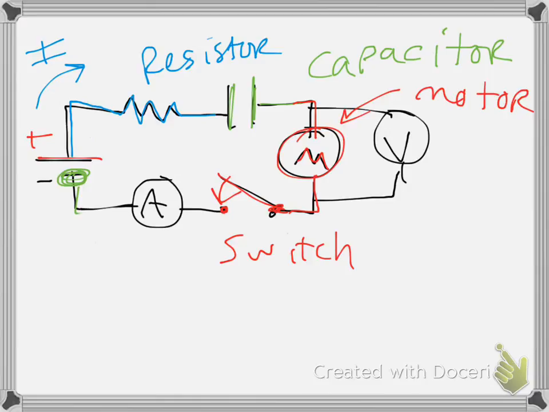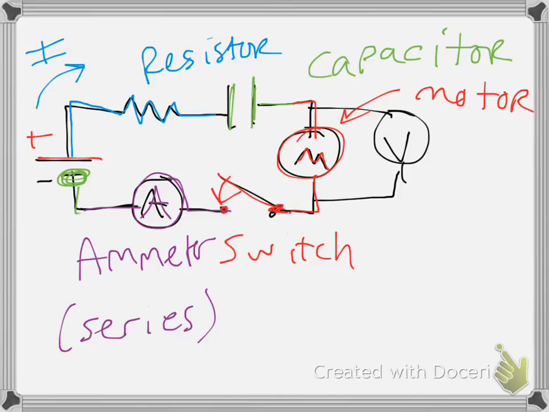And then we keep on going through this A, and that's called an ammeter. You'll notice the ammeter is part of the circuit loop. All of the current that goes through this circuit has to go through the ammeter. We call that series. More on that in another video. Then you'll notice the one I skipped over here is the voltmeter.